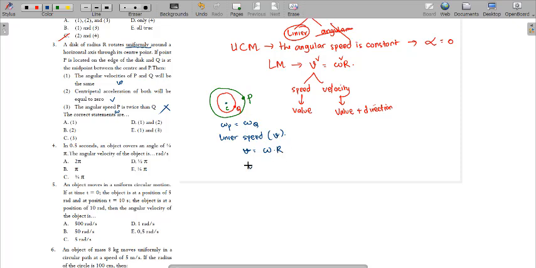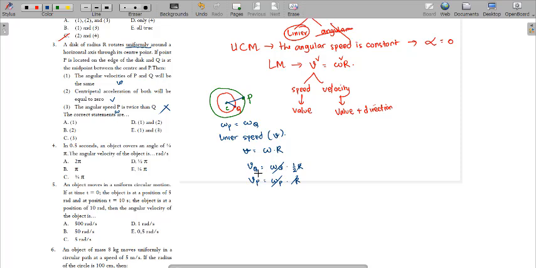So if the linear speed of Q is omega Q times R, that is half radius, but V in P is omega P times R, one radius, yang P. Okay, so if you divide this one and this one, omega will be the same.